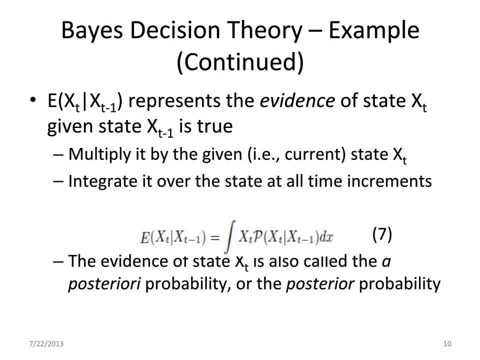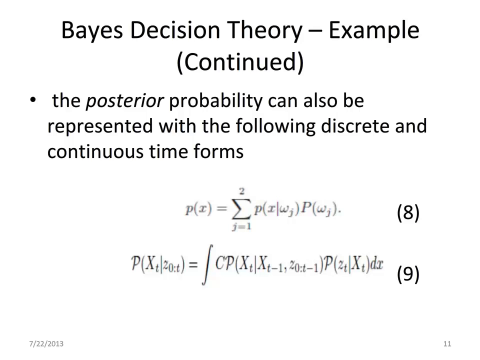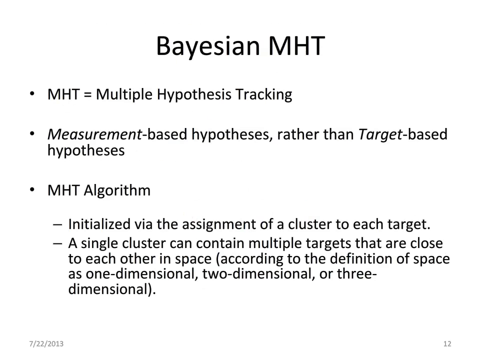Bayesian multiple hypothesis tracking, MHT obviously means multiple hypothesis tracking. This is a technique that focuses on the measurements rather than the individual targets themselves, specifically hypotheses you want to make about the measurements. An algorithm basically initializes the assignment of a cluster to each target, and a cluster can contain multiple approximate targets in space according to any dimension system you want to use.